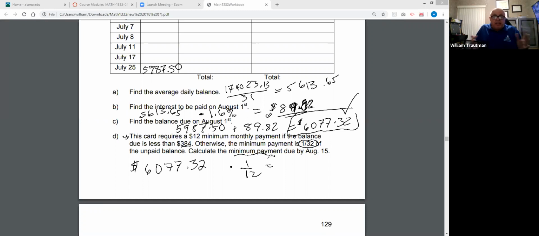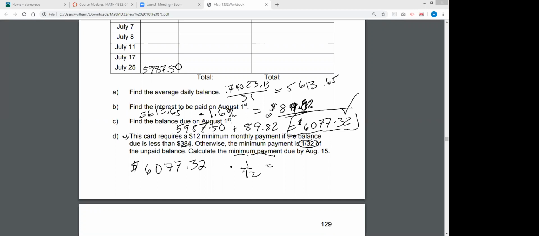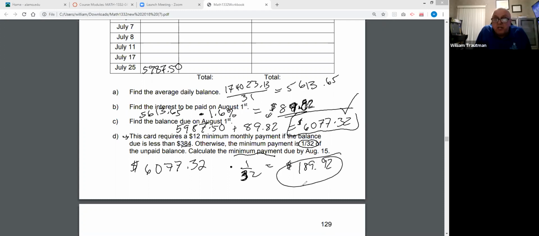So you have to break it into 12 pieces and make at least a 1/12 payment. So we put that in. Oh, that's not right. It's 1/32, not 12. 1/32. And you get $189.92, and that's our minimum payment.